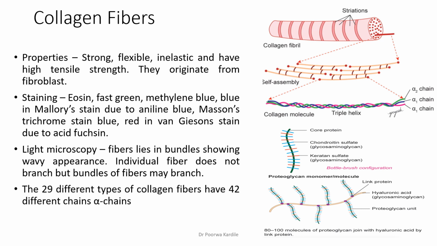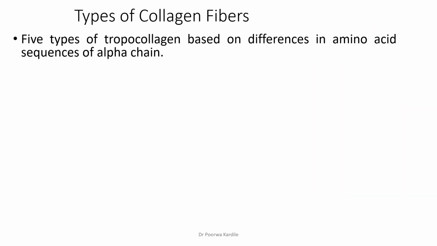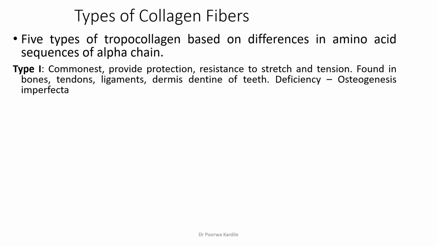And there are 29 types of collagen, and this classification is based on the sequence of alpha chains. Based on the sequence of alpha chains in the amino acids, the tropocollagen or the collagen fibers are broadly classified into 5 types, and we will see the location of each.